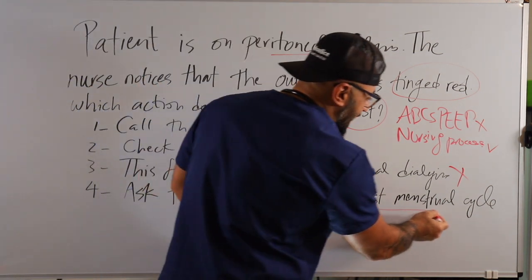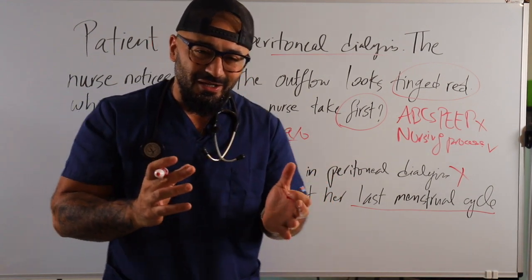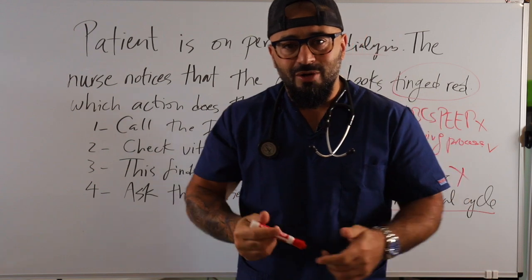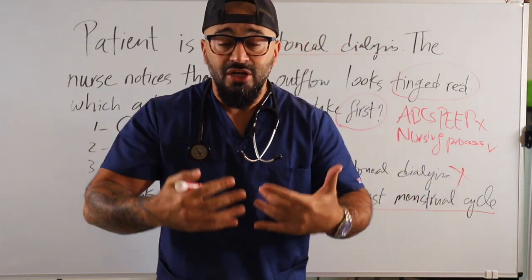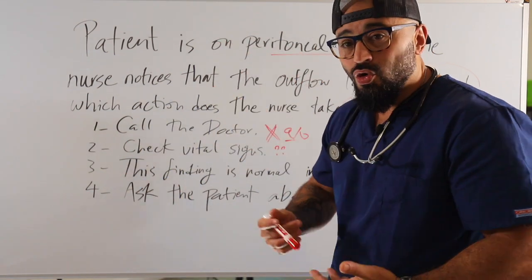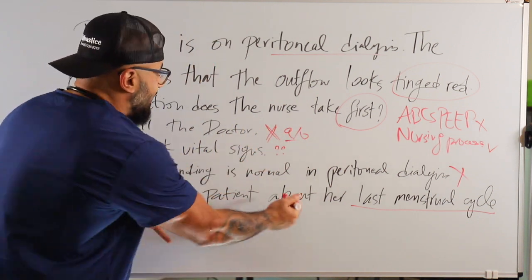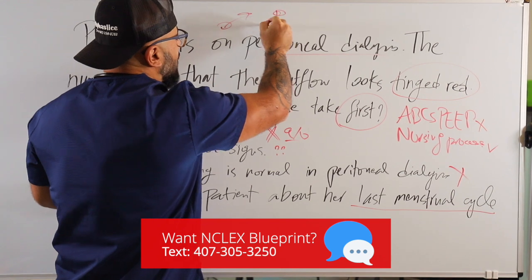Ask the patient about her last menstrual cycle, all right? That last menstrual cycle, because it has to do something with blood, will make me think a little bit. And when I present this question in my NCLEX program, the program that my students use to pass their NCLEX on the very next attempt, I get a lot of questions, or my coaches get a lot of questions, where students will say, oh, but the question didn't say if this is a male or a female.